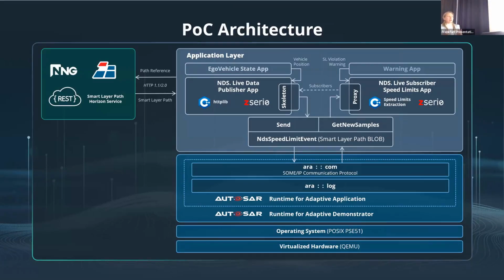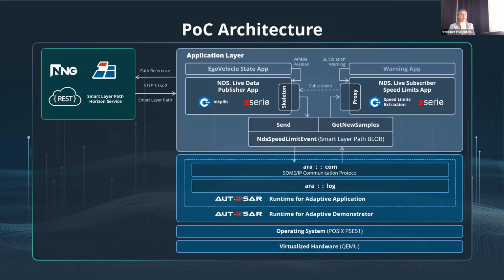Then the subscribers, and we can have several subscribers, receive this data and are responsible for deserializing it. The data is transferred within the AUTOSAR environment in blobs, without any deserialization, and deserialization happens on the subscriber side.